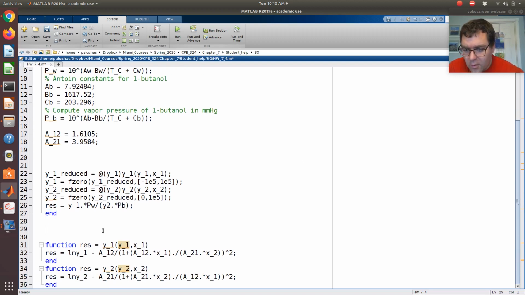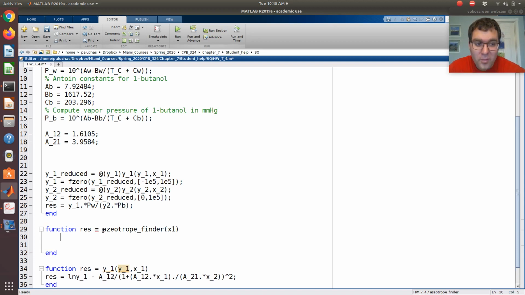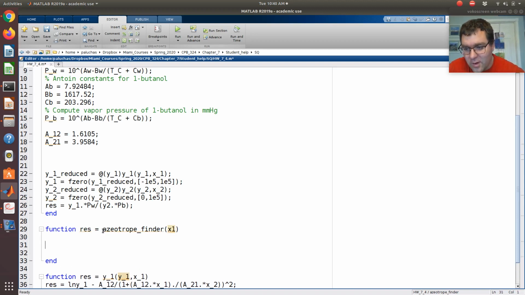What I'm going to do though is create a new function. Let's call this azeotrope finder. Now I'm solving for x1. As I type up this error function, I'll also get an idea of all the parameters that I need to pass. If I just try and translate the error function from the text, it'd be 1 minus.